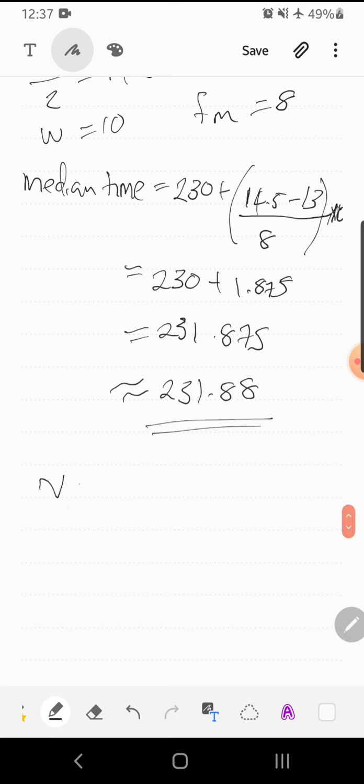Now, I gave you two formulas for the variance in the previous lecture. In example 1, I used one formula, and in this one, I'm going to use the other formula. So you can just choose the one that works out for you.